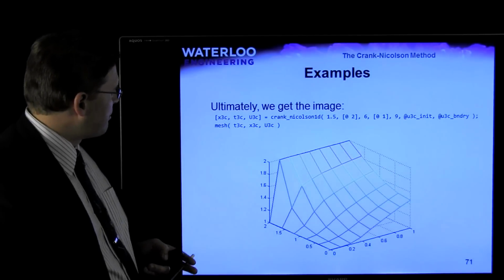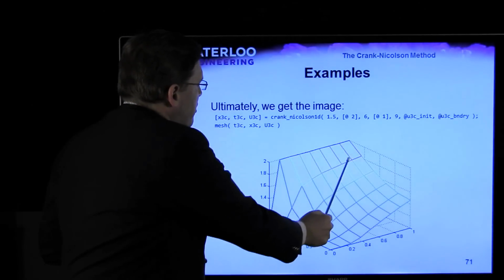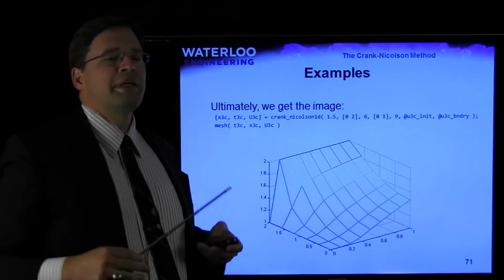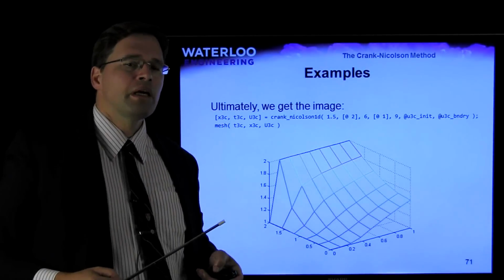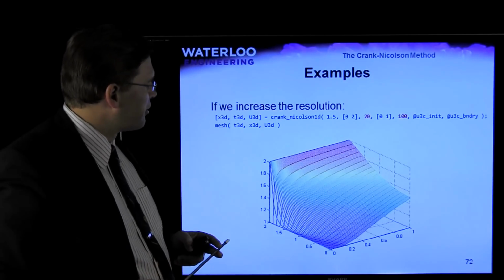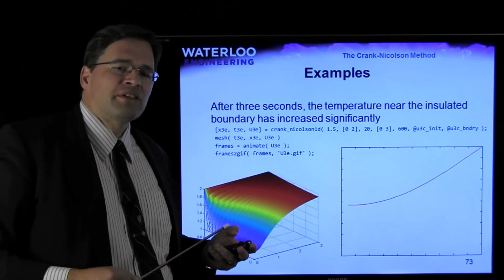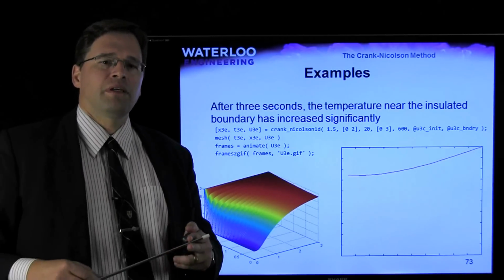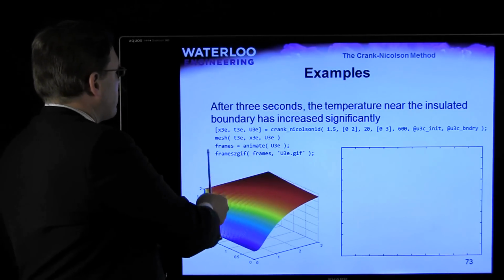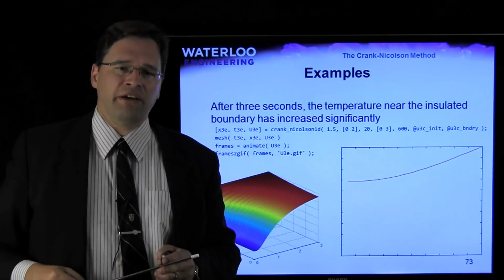So ultimately we're going to get an image that looks something like this. Again, very quickly it heats up over here. We have very fast heating over here. However, at the insulated boundary condition, it only begins to heat up very slowly. Increasing the number of points, we get a little bit finer gradations. And again, just like previously, we can take the output of the function and pass it to create an animation, which is then saved, in this case, to another GIF.